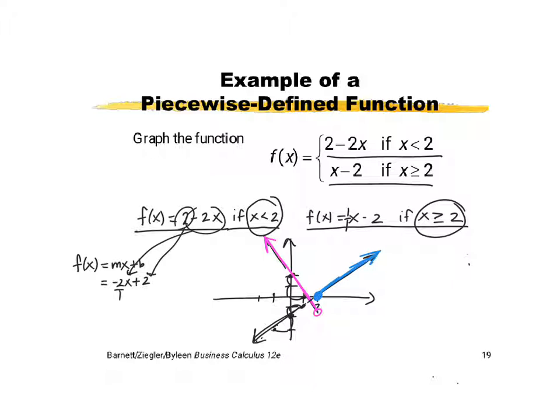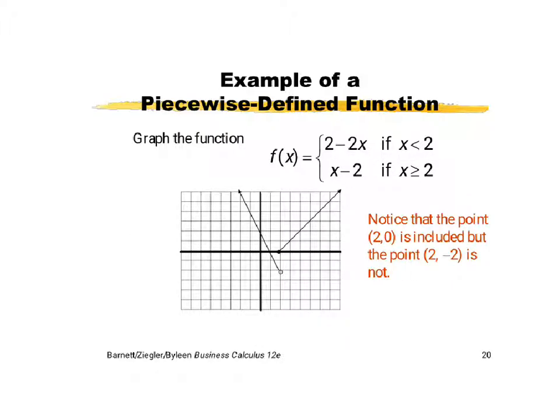Okay, so I'm having trouble erasing it, but let's just look at the graph on the other side. So basically, this graph is only defined by the fuchsia color pink and the blue. Okay, so f of x is the combination of these two functions over the specified domain. Okay, so if you notice here, we have the same graph here. And notice that it says that the point 2, 0 is not included, but the point 2, negative 2 is.